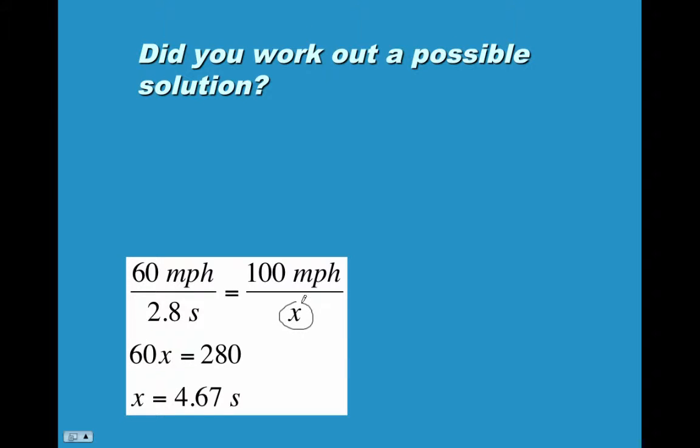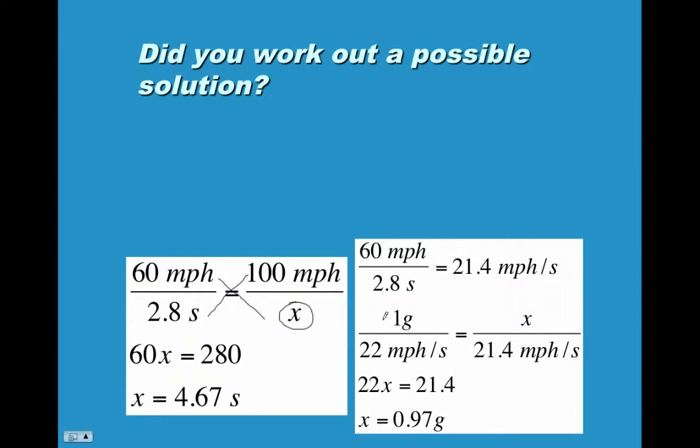So x is our unknown. Now using cross products to solve, 60 times x is equal to 2.8 times 100. So 60x is equal to 280. Now dividing both sides by 60, I get x is equal to 4.67 seconds. So that's how long it would take to get to 100 miles per hour.